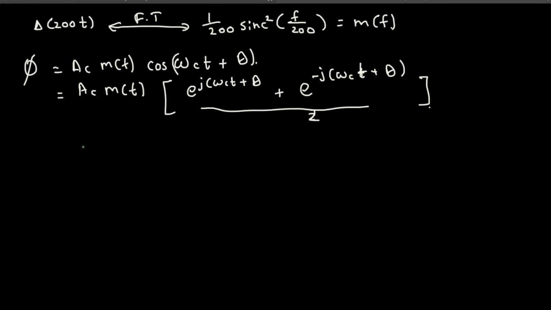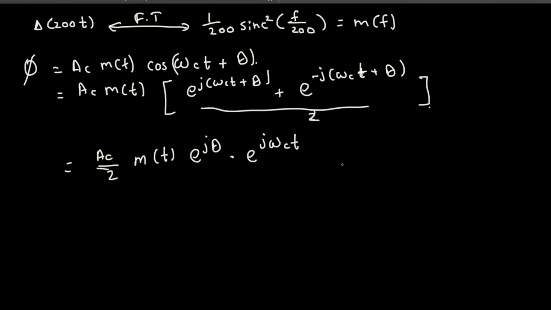Okay, so if we multiply this with AC m of t, bringing the 2 here, we get AC over 2 m of t times e power j theta, and then times e power j omega ct, because when the powers add it is multiplication. That is the first part.